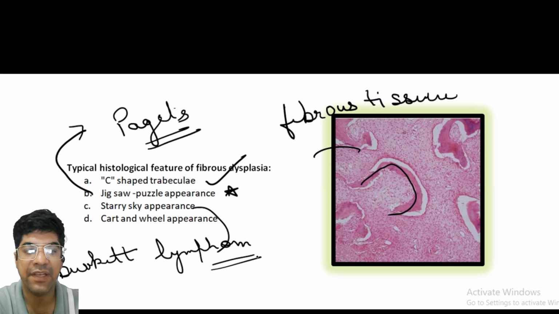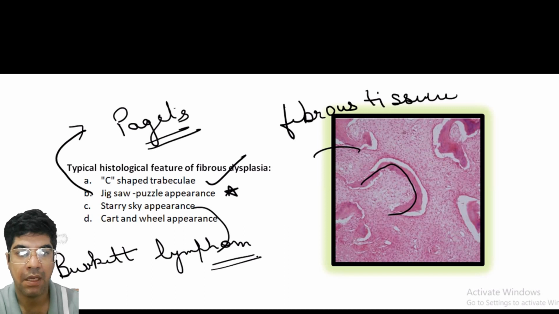The cart wheel appearance is seen in multiple myeloma. So your answer would be C-shaped trabeculae.